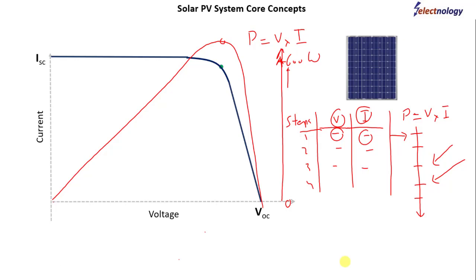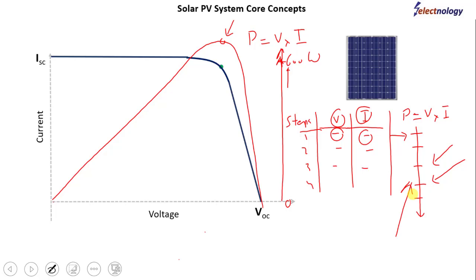Now this graph shows that there is a maximum operating point with respect to voltage and current, meaning that there would be an operating point which is this one, which has got the maximum value out of these values calculated in this table.